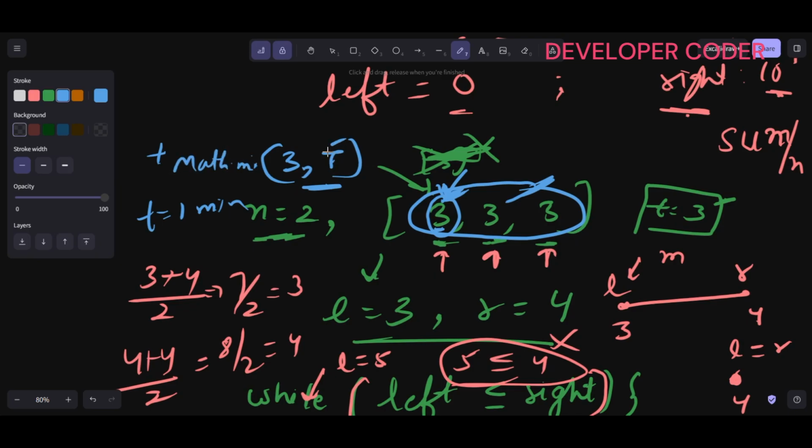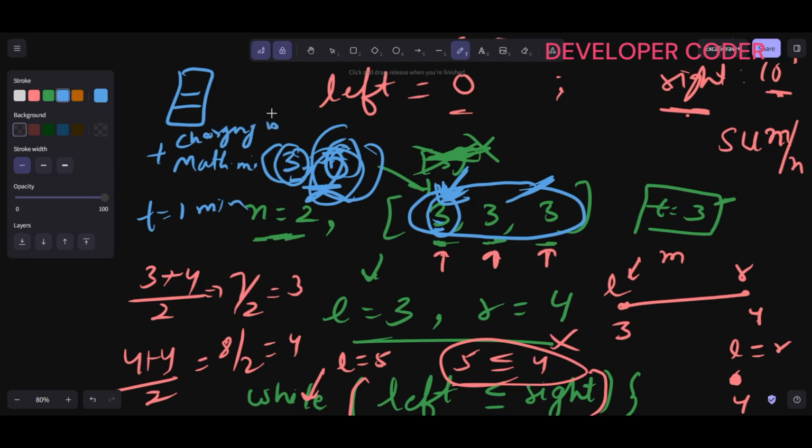If I'm planning t equal to 6, then definitely I can't use the complete 6, I can only use 3. That is why I will get 3. But if t is equal to 2, some smaller value, then I will consume only 2. So the charging is 3 total; I can consume 1, I can consume 2, I can consume 3.